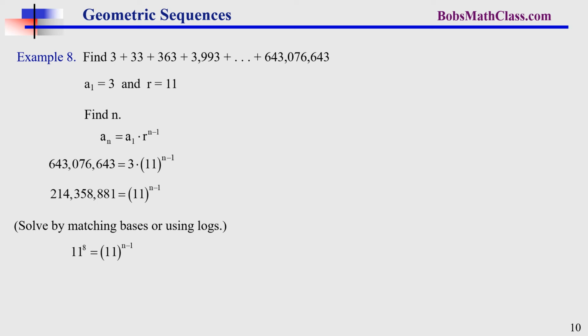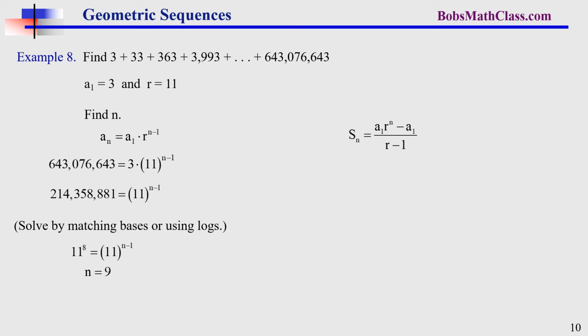Now that our bases match, therefore our exponents match. So we have 8 equals n minus 1, adding 1 to both sides, we get n equals 9. So that's the 9th term. Okay, we have all our numbers. We have a1, we have r, and we have 9.